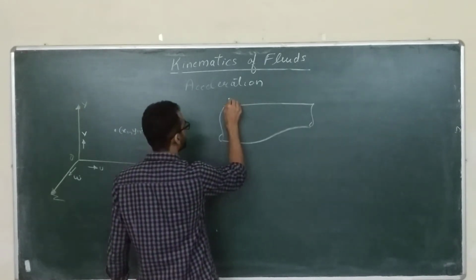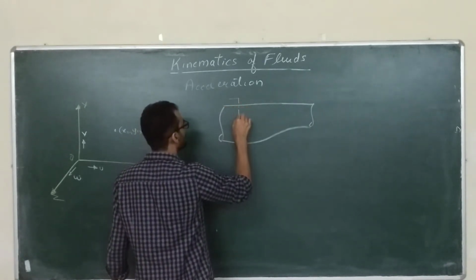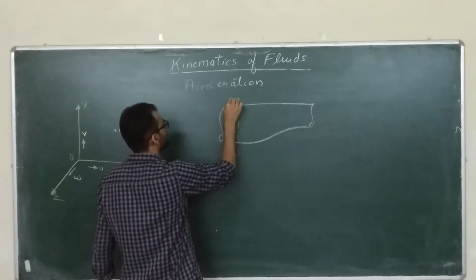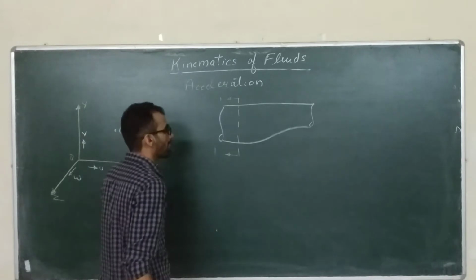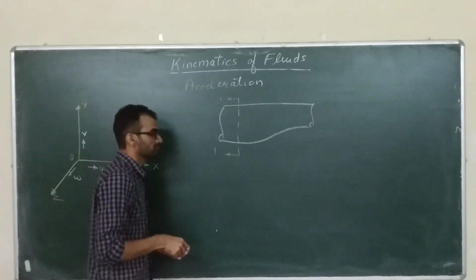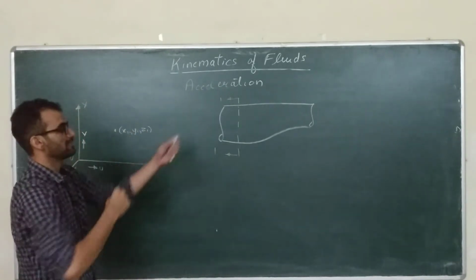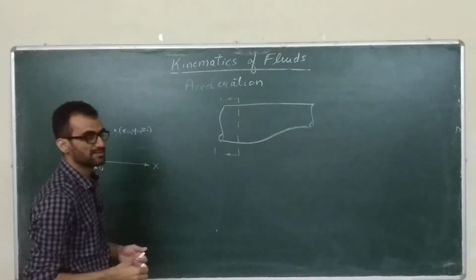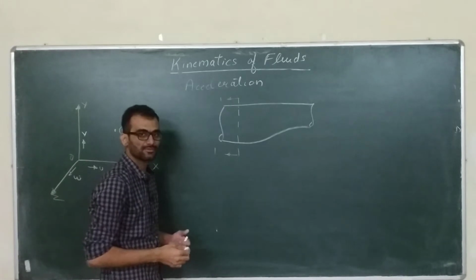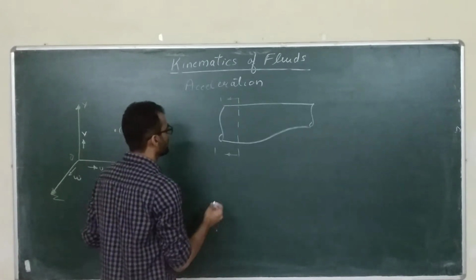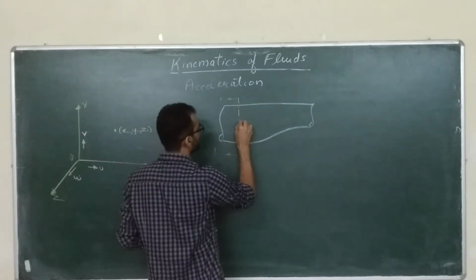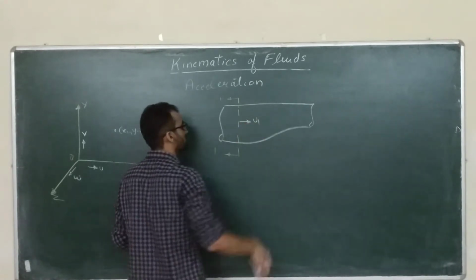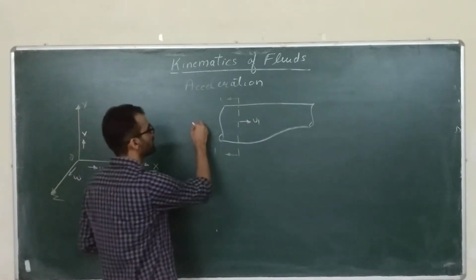So let's take a measurement here, at section 1-1. Now let's try to find the acceleration of this flow, using the same analogy which we discussed, and let's see if it is correct or not. Let's say you are measuring the velocities here, and the average velocity is u1 in the x direction.